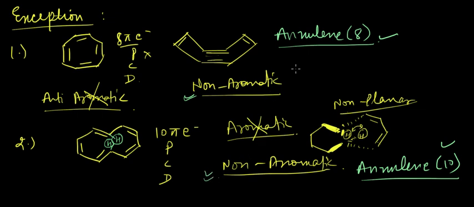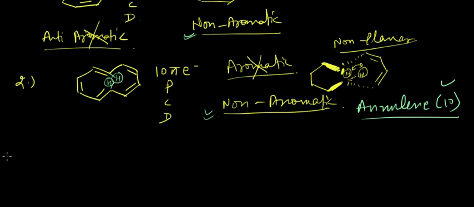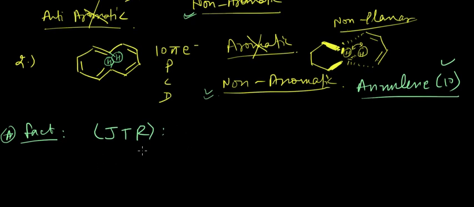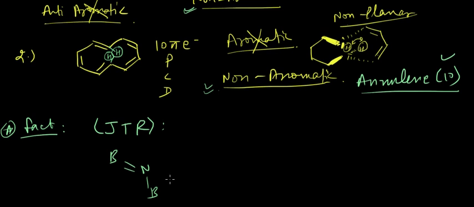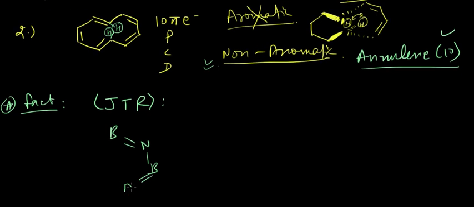Okay, so let's talk about some fact here. So just to remember, JTR, I call it. So we have something called inorganic benzene, where the structure is something like this: alternate boron and nitrogen atoms, where boron has negative charge because of its unfilled p orbital, and nitrogen has positive charge which it has donated to boron to form a bond between them.